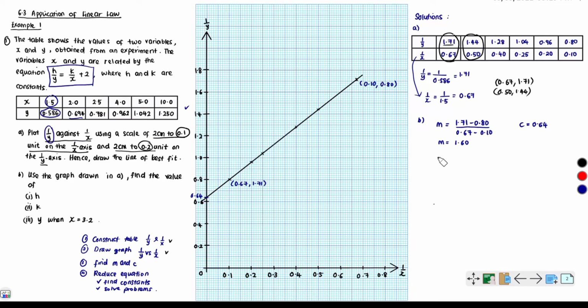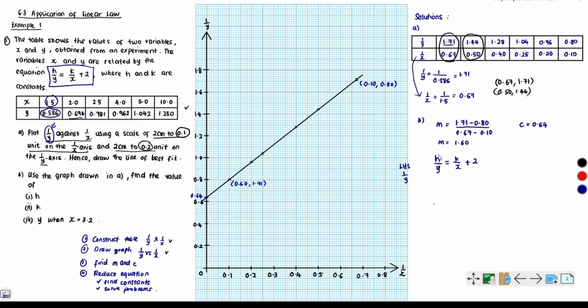Now we are going to reduce the equation, so we rewrite the equation given in the question: h over y equal k over x plus 2. For the left hand side, our target is 1 over y because the graph is 1 over y against 1 over x.